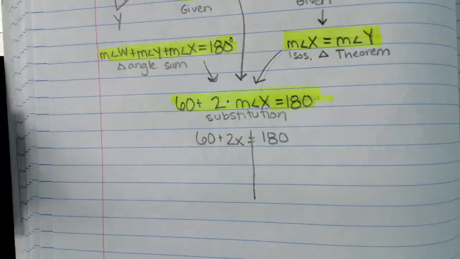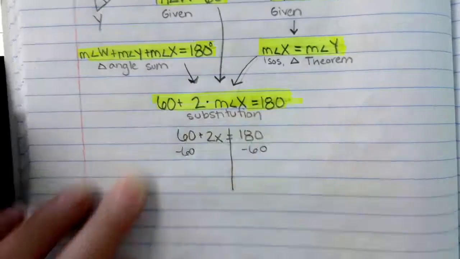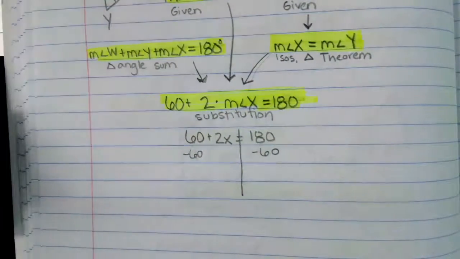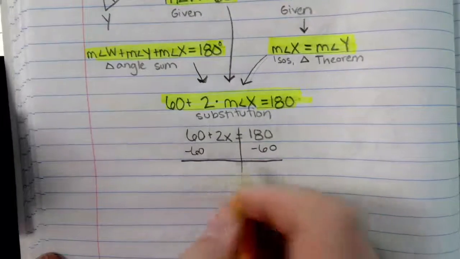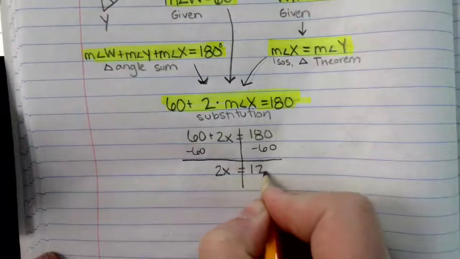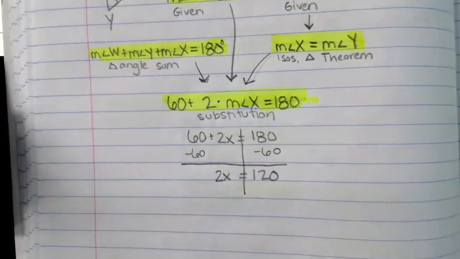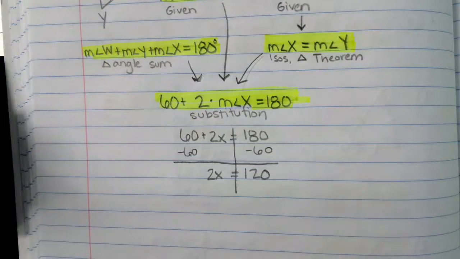Subtract 60. Then we get 2x equals 120. And then how do we undo multiplying by 2? Divide by 2.